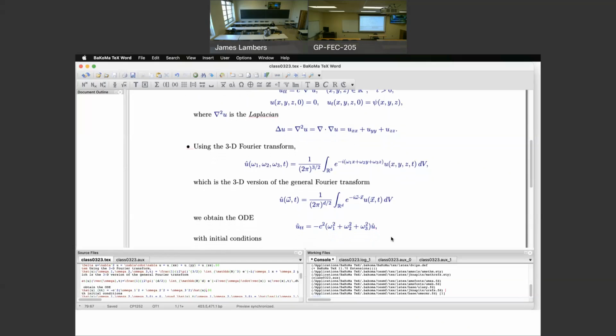And I can write this in a more compact form also, by keeping in mind that here we have a sum of squares. That can be thought of as the magnitude of a vector squared. So I can write that as the magnitude of the vector omega squared.